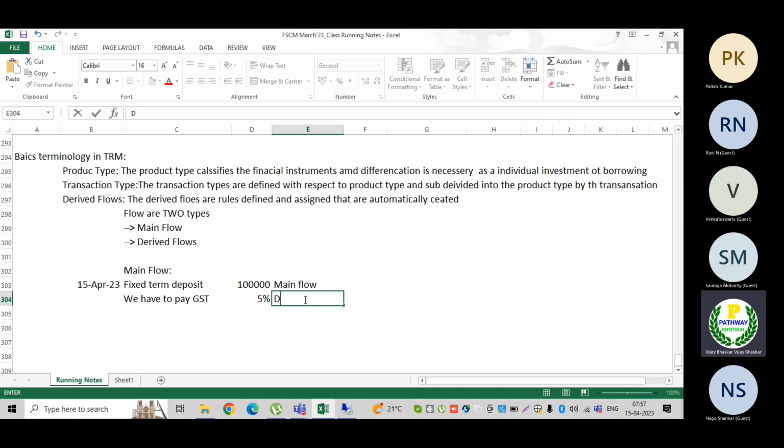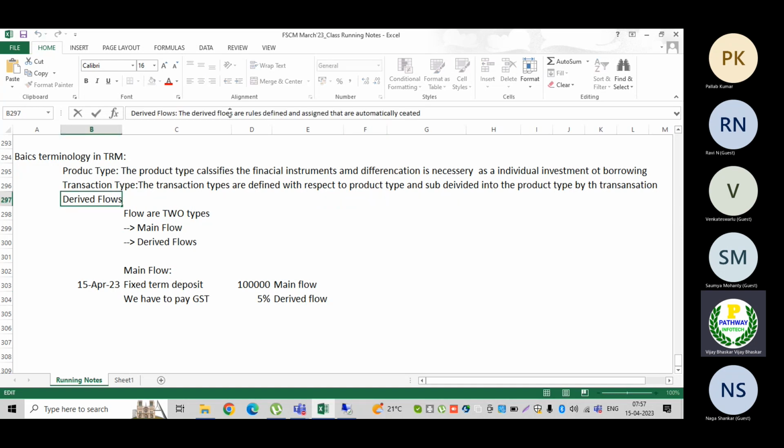Then this is the derived flow. So what I mentioned here, the derived flows are rules defined and assigned that are automatically created.